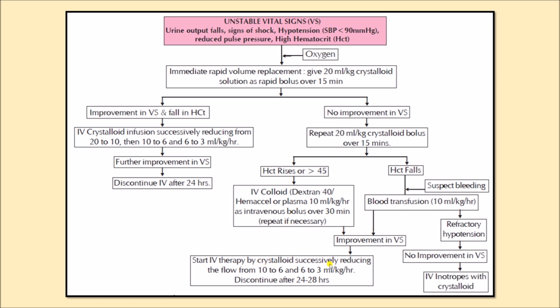We have to shift to the crystalloid, and we have to reduce the dose from 10 ml per kg to 6, then 6 to 3 ml per kg per hour, and after 24 to 48 hours, if everything is stable, then we can discontinue the intravenous therapy. But if there is refractory hypotension even after blood transfusion and there is no improvement in vital signs, then intravenous inotropes with crystalloid are to be given.